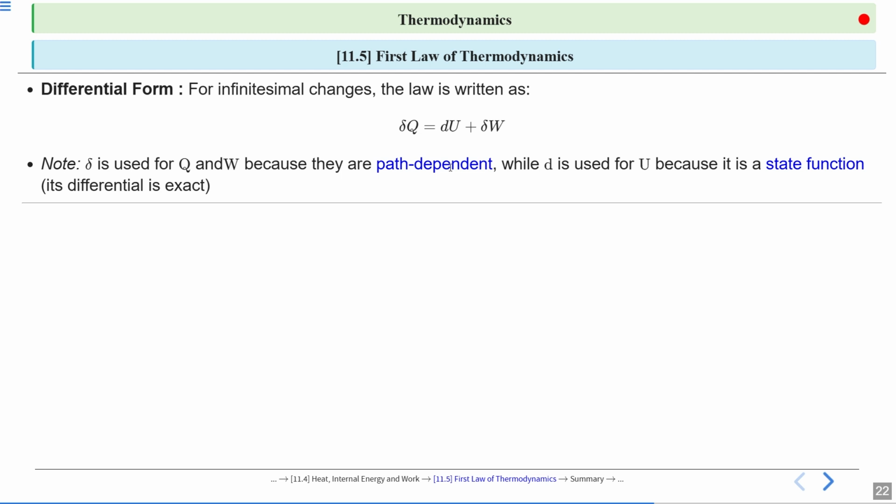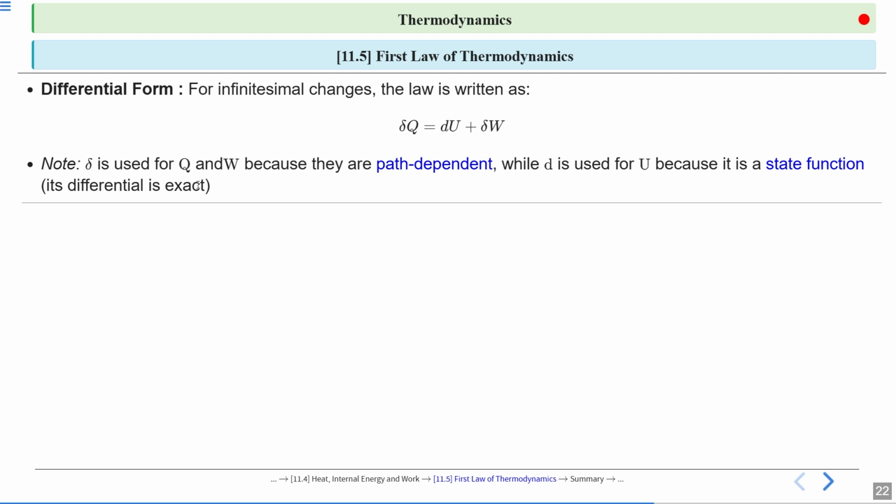Whereas heat and work are path dependent functions. They depend on the path. They do not depend on the initial and final position. So del is used for path dependent functions.